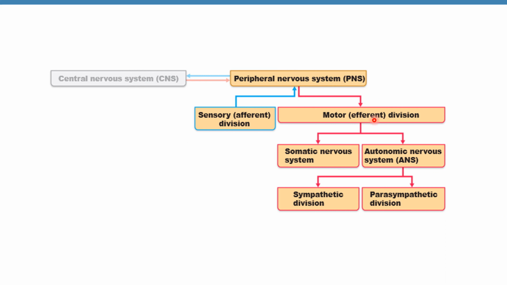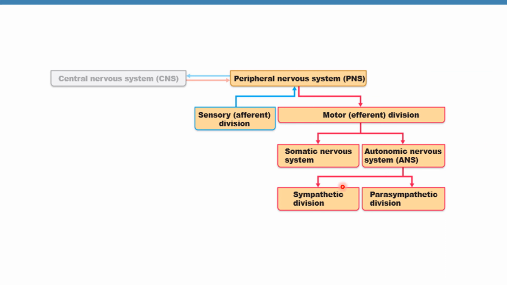Efferent division is made of somatic and autonomic nervous systems. Somatic innervates your skeletal muscles, and you can control those muscles, and autonomic ANS innervates smooth muscle, cardiac muscle, and glands, and they are under involuntary control.